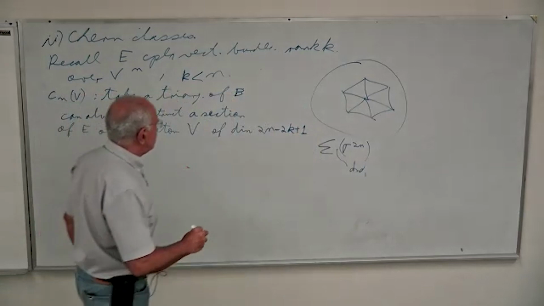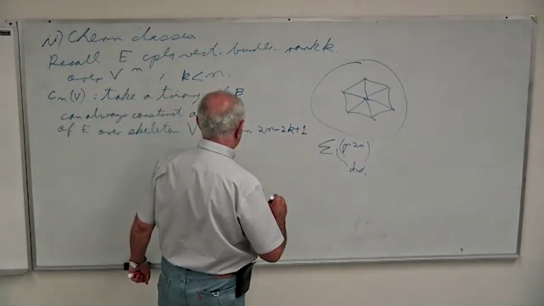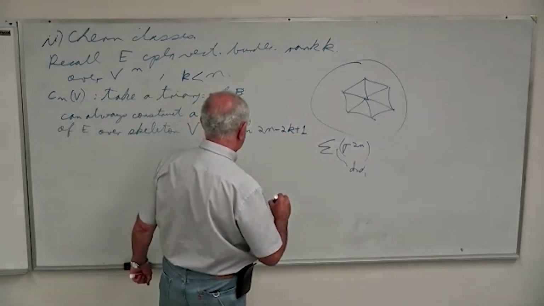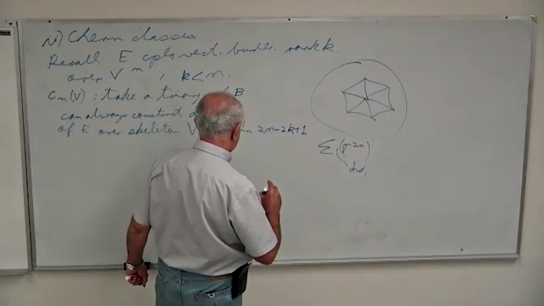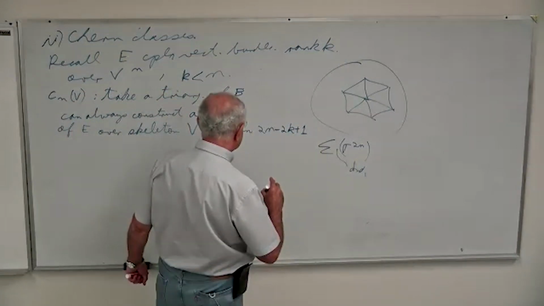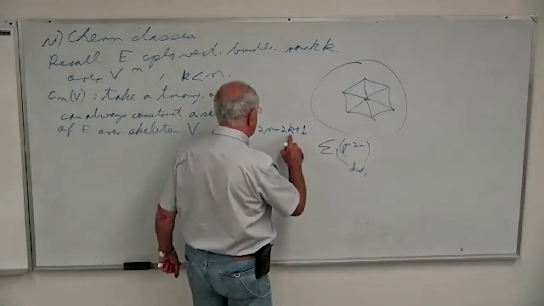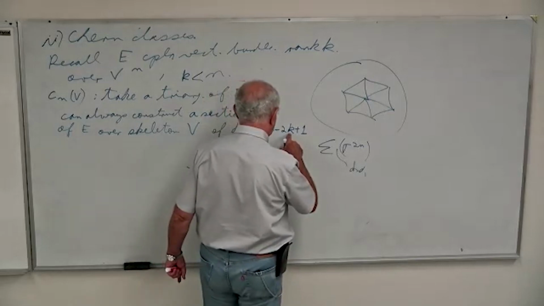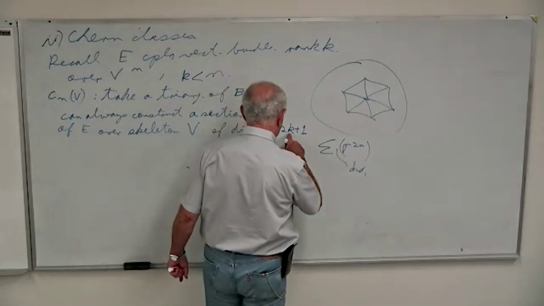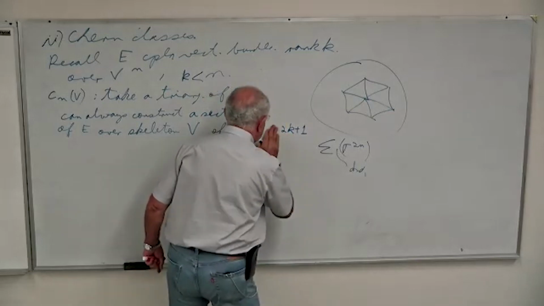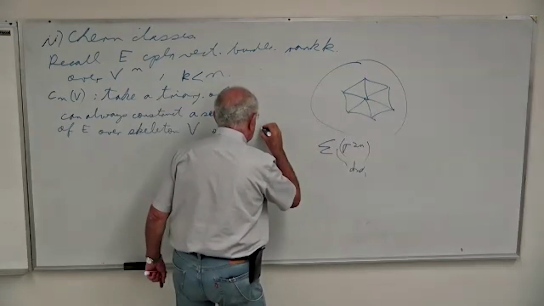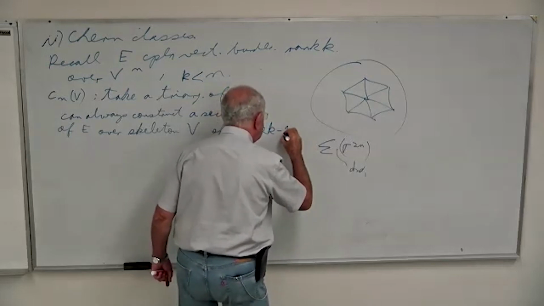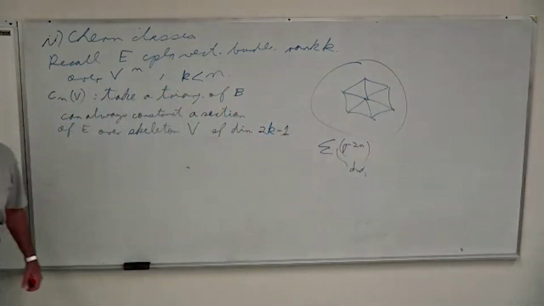No, sorry. You can always go up to dimension 2k minus 1. This is just by homotopy theory.